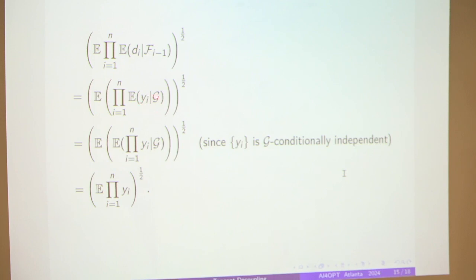And then given G, the Y_i's are independent. So I can rewrite this as the expected value of the product because they are independent. And then you have the expectation of the product of Y_i's given G. And by the Tower property of conditional expectations, this is the expected value of the product to the 1/2. Okay? That's the decoupling inequality.